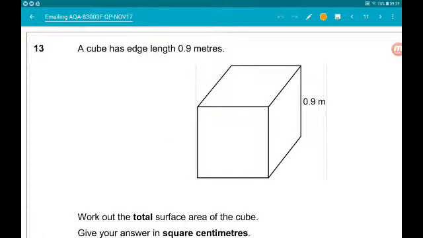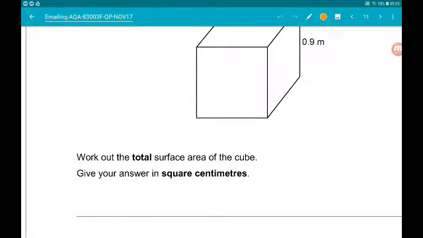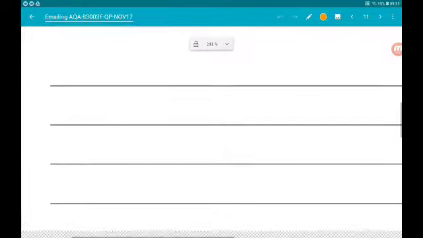Okay, question 13. We have a cube with edge length 0.9 meters. We want to work out the total surface area of the cube. That means the area of every face. Give our answer in square centimeters. Okay, so with a cube, every side is a square and the same square.